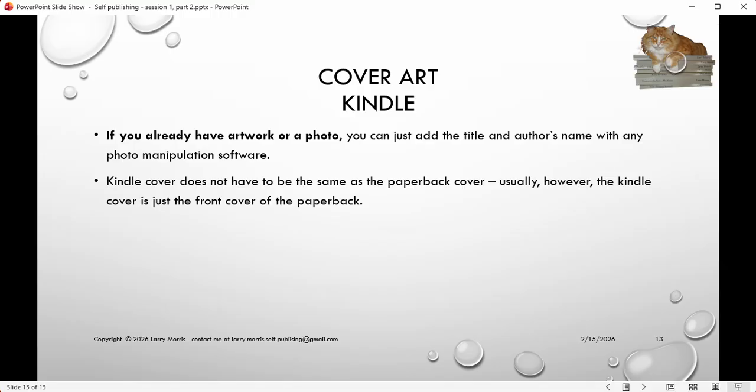And then the last thing we'll mention quickly in this session is cover art for Kindle. It is quite simple. If you want to do it separately, if you already have a photograph that you have used for your paperback, you can bring that photograph into photo software and add the title and the author name, and then you're done.